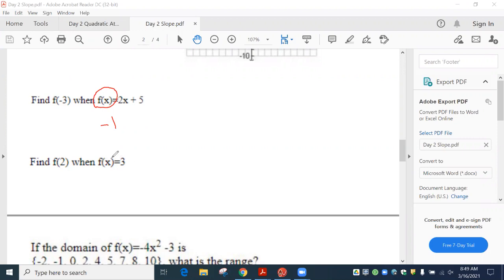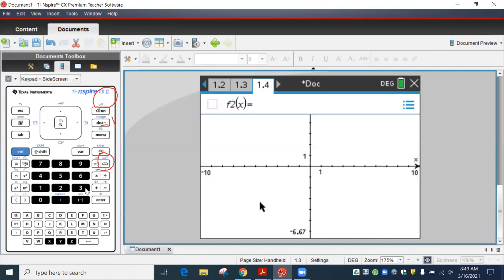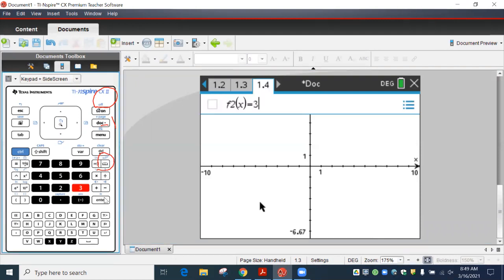All right, so once again, what do we see that tells us what to do here? We see this f of x, and so we're going to type this into the calculator. Now, this is kind of a dumb graph here, but we'll go plug it in. So always start a brand new graph, and all we have is the number 3 right here.